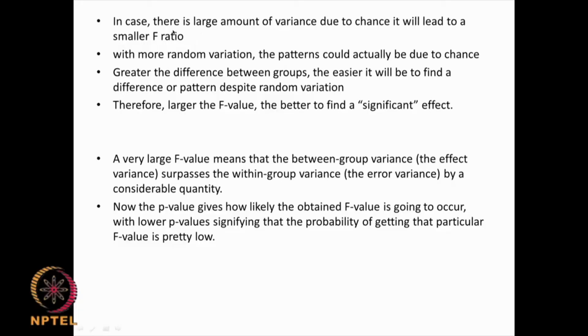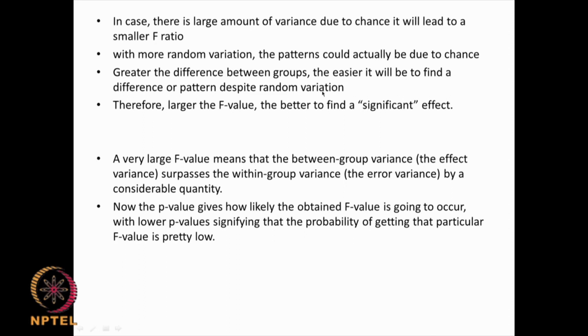That means, if I am doing experiments, the variations in my experimental measurement should be very small. With more random variation, the patterns could actually be due to chance. The greater the difference between the groups, the easier it will be to find a difference or pattern despite random variation.